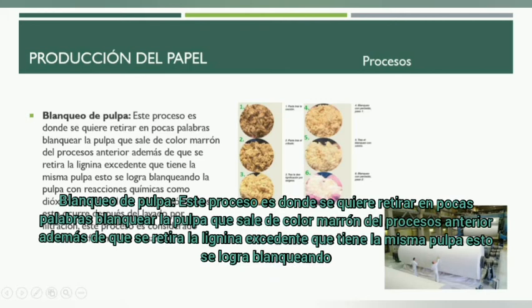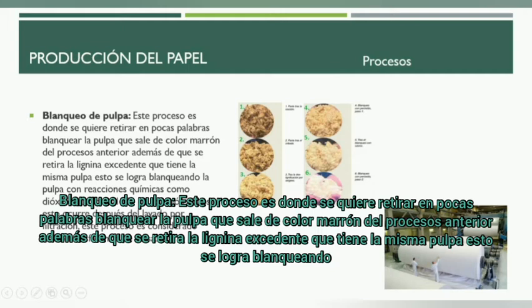Okay, the third important process is pulp bleaching. This process is where you want to remove, in a few words, bleach the pulp that comes out of a brown color from the previous process, removing the excess lignin.